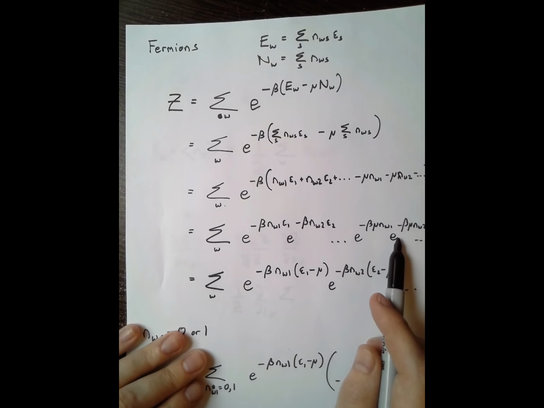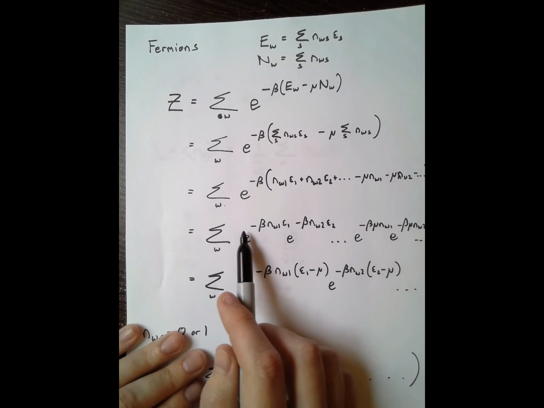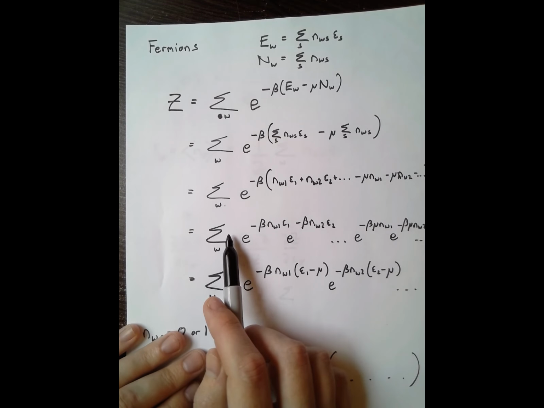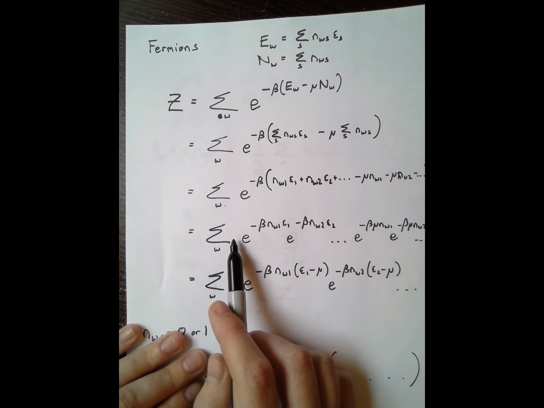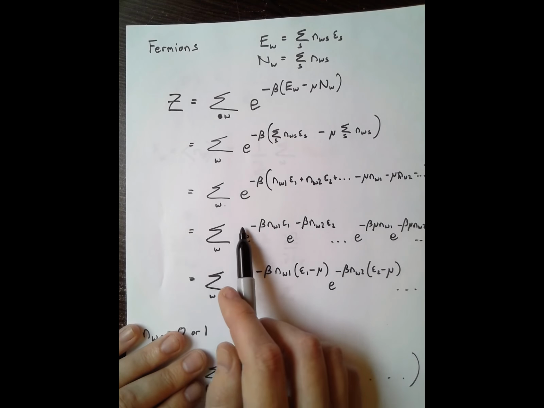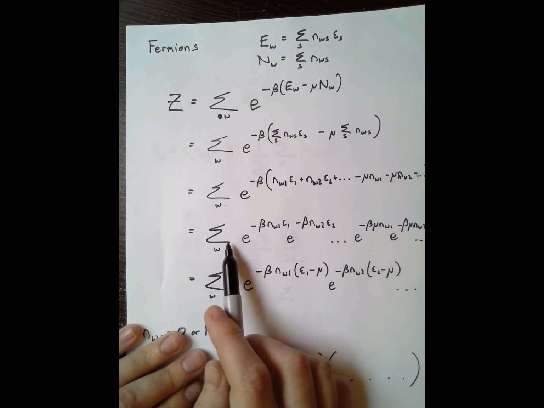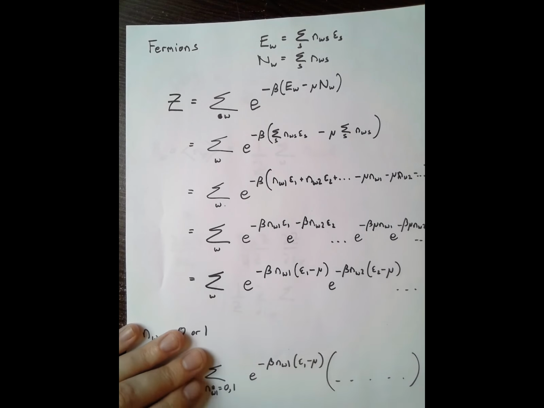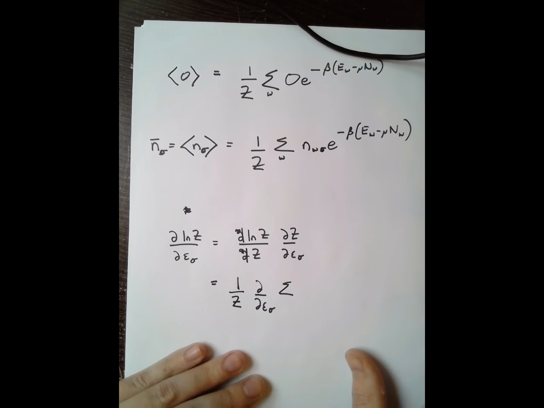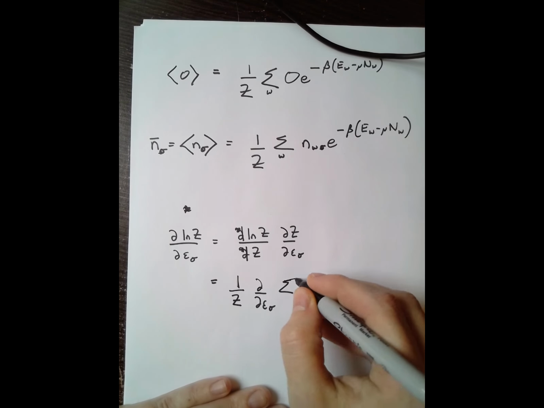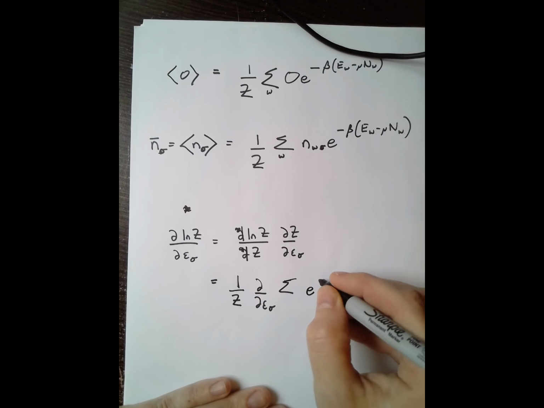This is the same for fermions and bosons. The only thing that differs for classical particles is the n factorial over little n1 factorial and so on here.